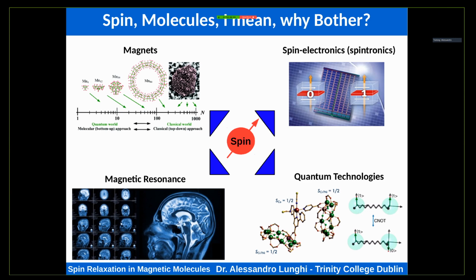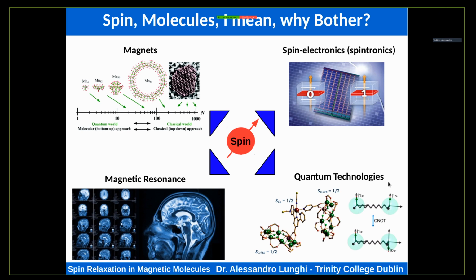And if you combine magnets with electronics, you get spintronics, and we have spintronic devices in our computers. So it's also technologically important. But protons also have a spin. For instance, magnetic resonance imaging, like the one you see here in this picture, is possible because the proton has a spin. More trendy lately, also quantum technologies.